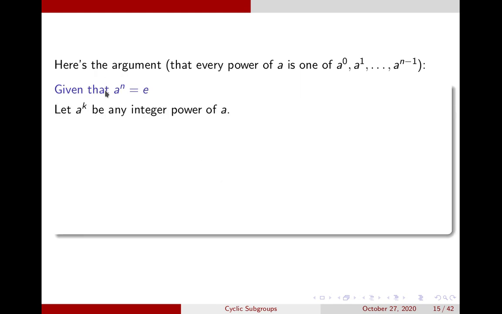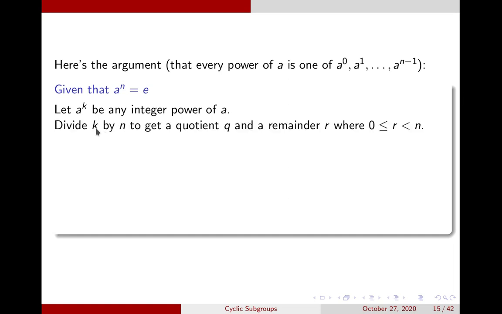So remember, we're assuming that a raised to the power n is the identity. So take any integer power of a. We're calling it a to the k here. And then you divide k by n using the division algorithm to get a quotient which we'll call q and a remainder r.